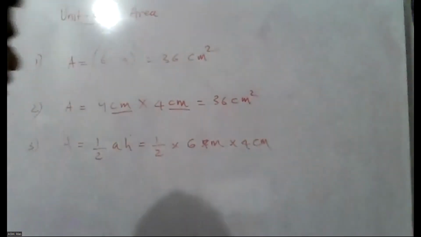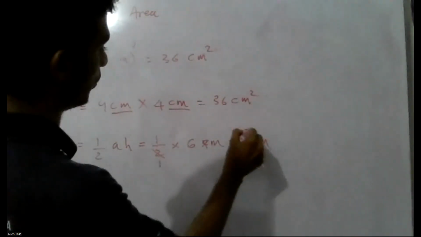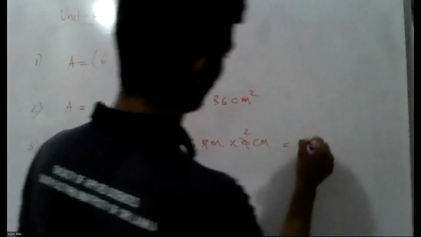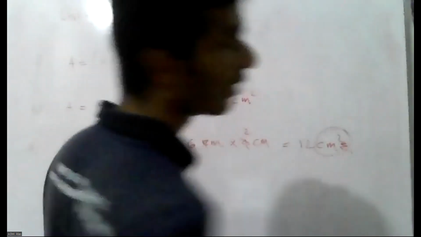By simplifying, 6 into 2, 12 centimeter square. We need to be very careful here; we need to place square.